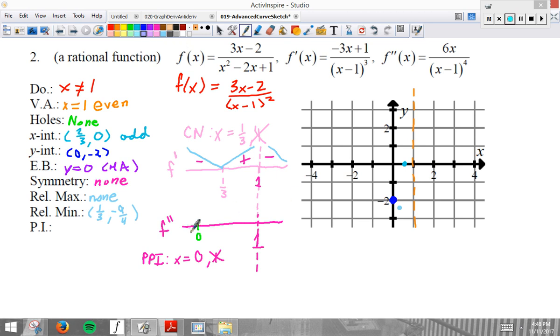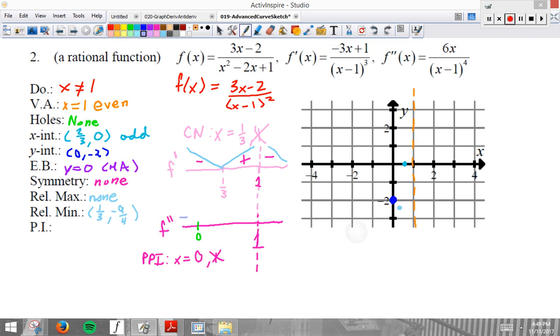Now, before 0, f double prime. We should notice that anything to the 4th power will be positive. Negative 1 is the test value. So it's negative over positive, negative. Between 0 and 1, we're talking about 1/2. 1/2 is positive in the top.